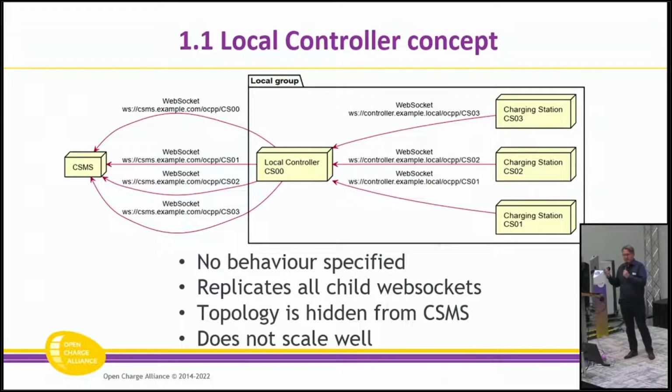It basically says you have to replicate all the WebSockets from the charging stations towards the CSMS. So the local controller is invisible for the CSMS because it just sees those WebSocket connections. It also means your CSMS is not aware of any network topology. And of course, if you get a bigger network, this does not scale well. So we wanted a solution for that.